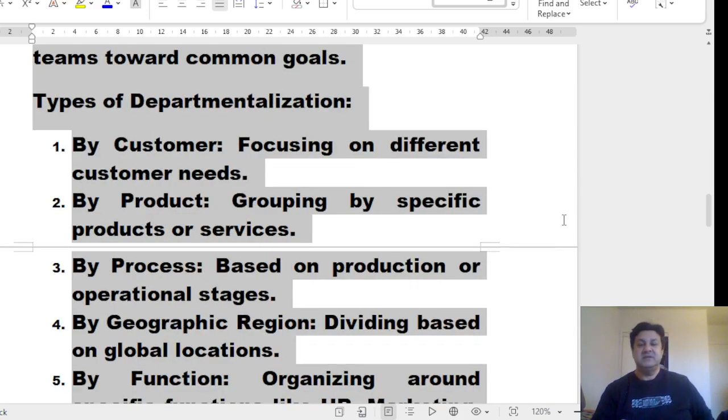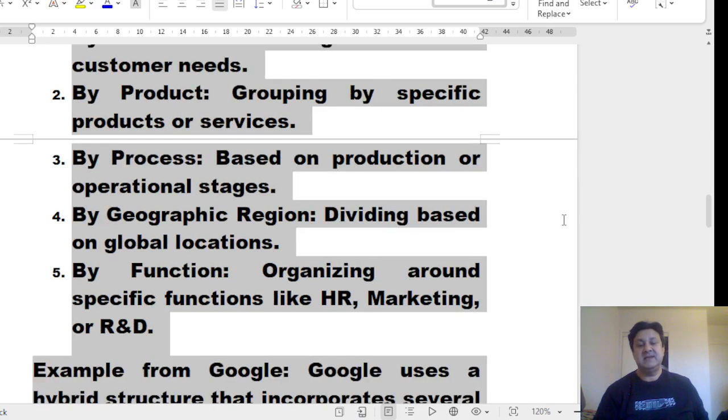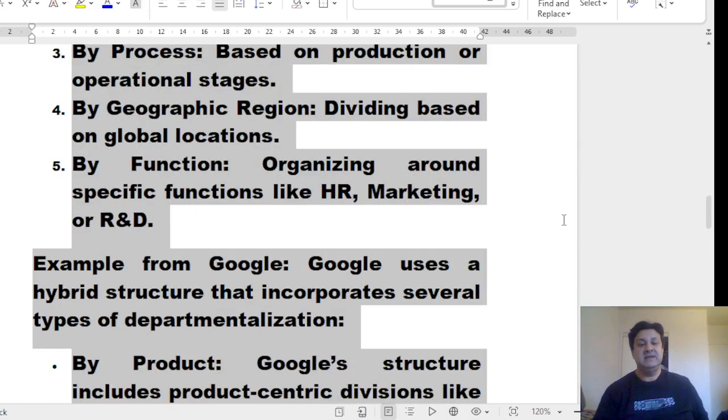By customer, focusing on different customer needs. By product, grouping by specific products or services. By process, based on production or operational stages. By geographic region, dividing based on global locations. By function, organizing around specific functions like HR, marketing, and R&D.